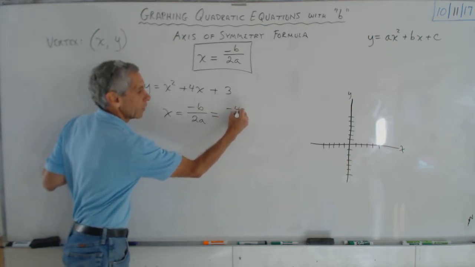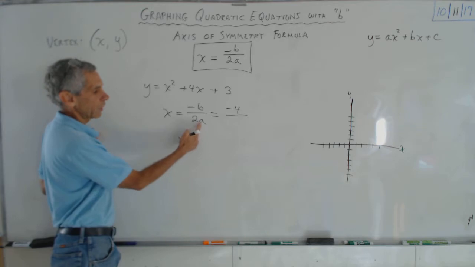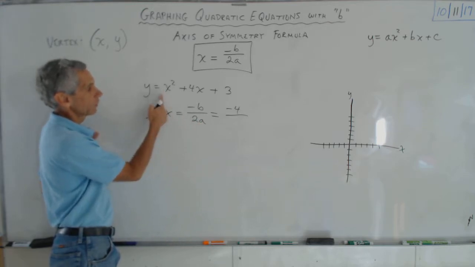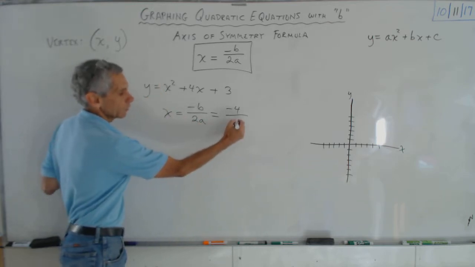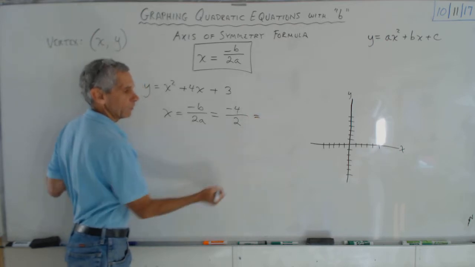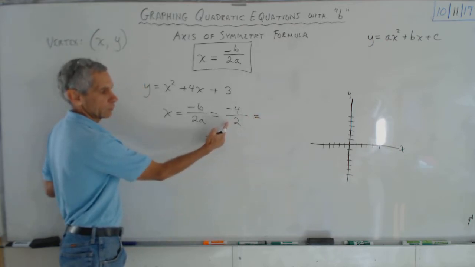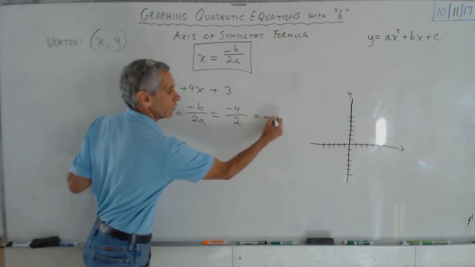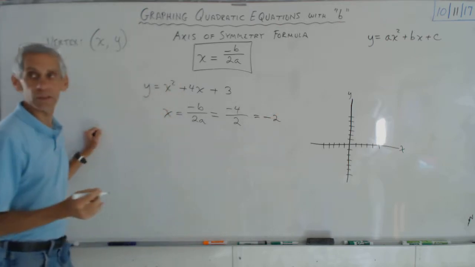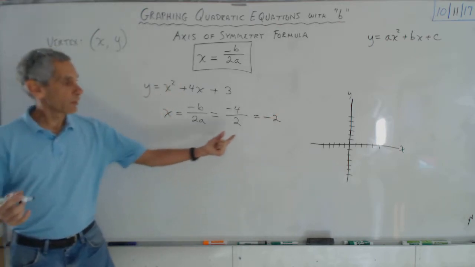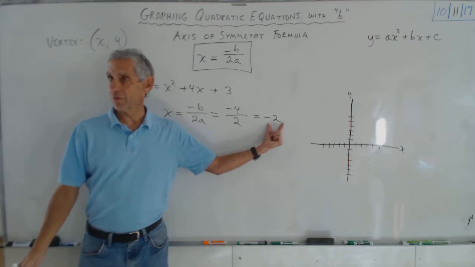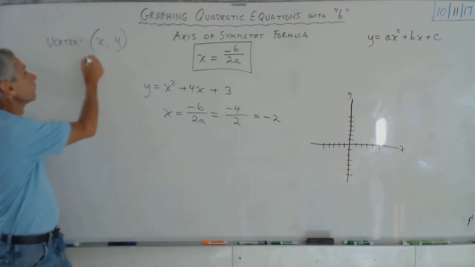Thank you. All right, -4 over 2 times what? A. What is a? 1. So 2 times 1 is 2. What is -4 divided by 2? -2. All right, so I hope this is all in your notes, because this is where, when the x is negative, this is where people mess up.